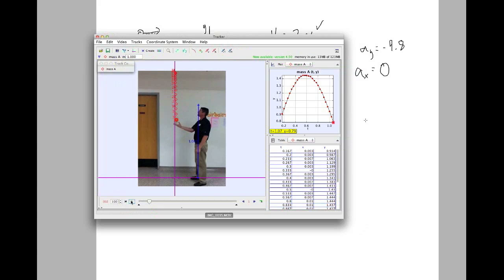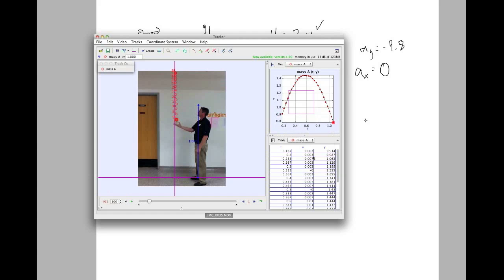And so a very crucial aspect of this is the graph of your y position versus time. If you notice, this is a very nice parabola. Now, I didn't scale this right, and so I've got 1 Dortch here.